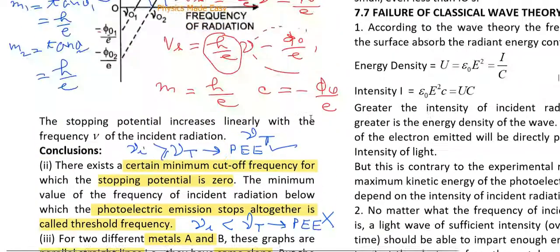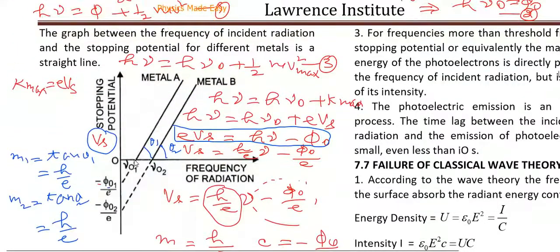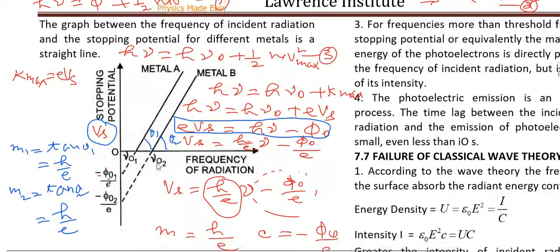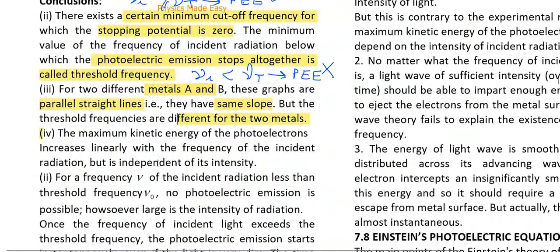For example, for this metal, the threshold frequency is nu O1, and for this it is nu O2. So the threshold frequency for different metals is different, but the slope is the same.